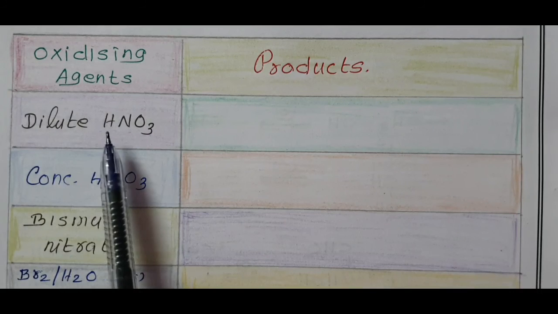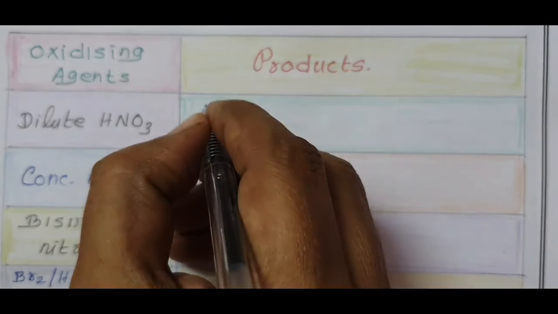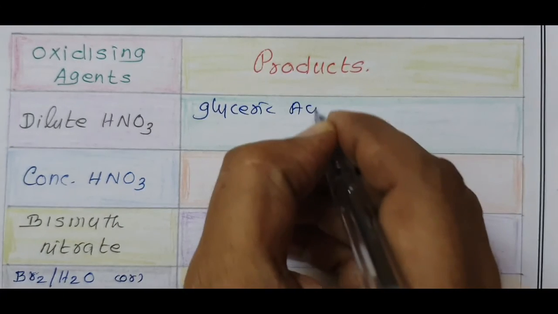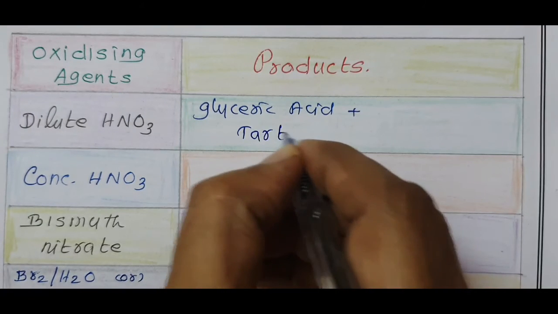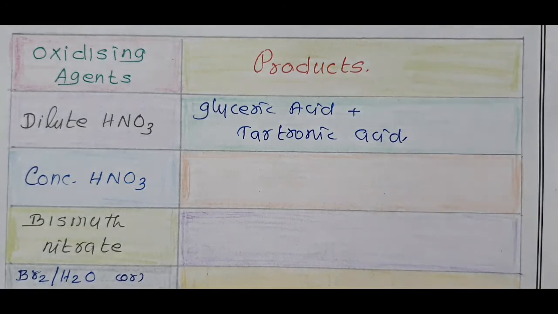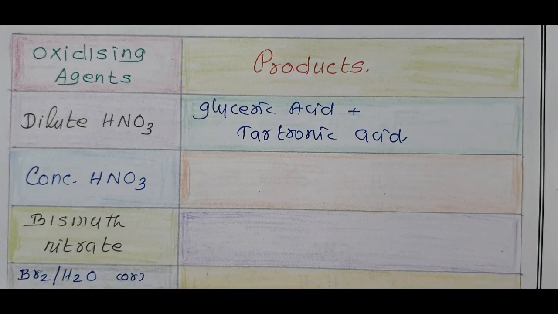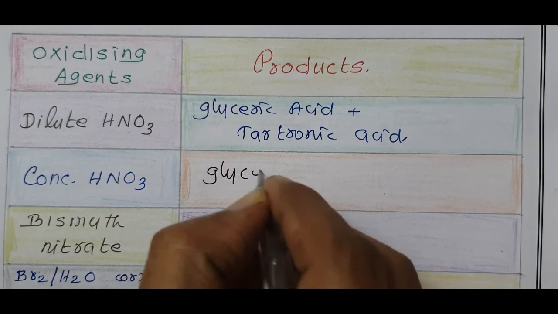If dilute HNO3 is used as an oxidizing agent, it gives a mixture of compounds: glyceric acid along with tartronic acid. If concentrated nitric acid is used as an oxidizing agent, only one product is obtained from glycerol, that is glyceric acid.